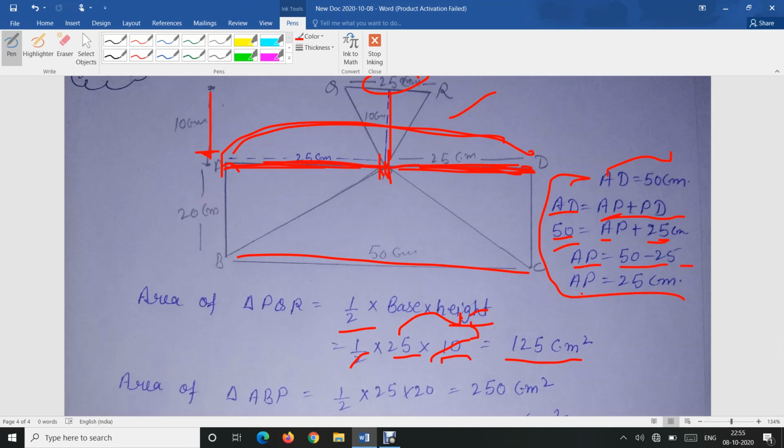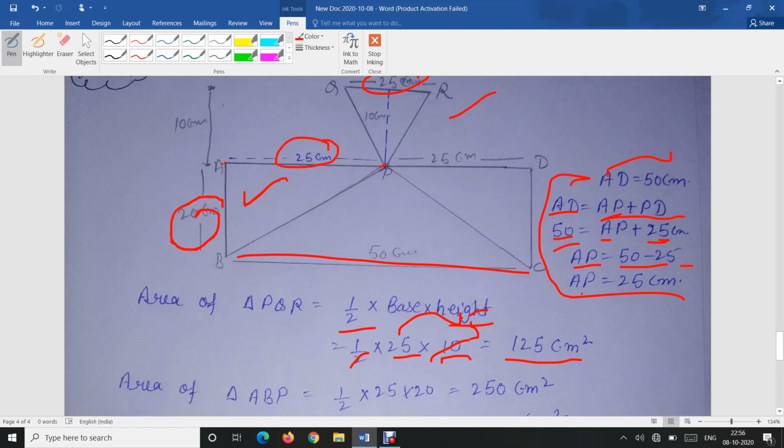That means the side AP, from here to here, will also be 25 centimeter. So now you can find out the area of this right angle triangle. Remember the area of a right angle triangle is half multiplied by A multiplied by B, where A is 25 and B is 20 centimeter.